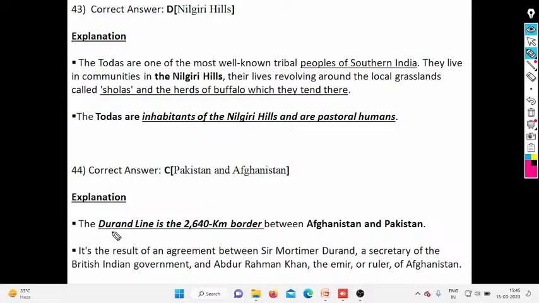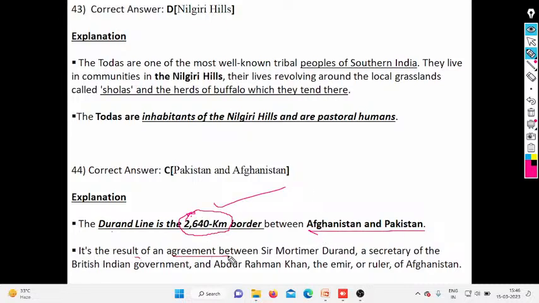The Durand line is near about a 2640 kilometer border between Afghanistan and Pakistan.